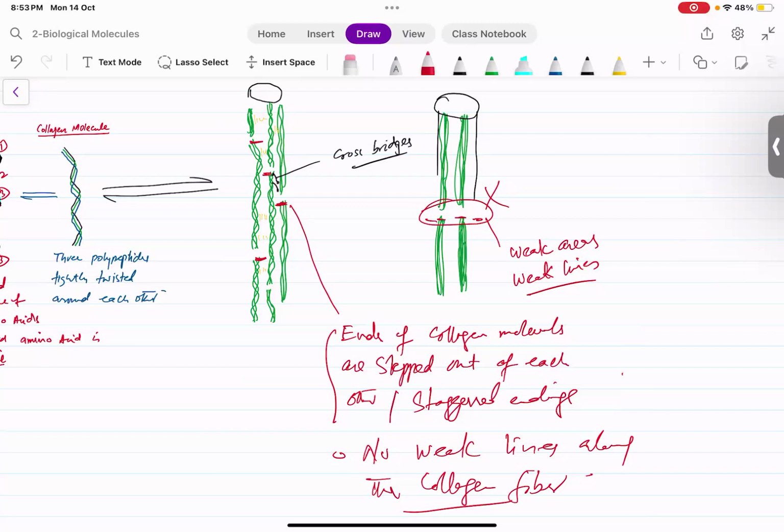Collagen is found in almost every part of our body. It is found in bones, skin, cartilage, nose bridge, ear, and almost everywhere in our body, and it provides high tensile strength to these tissues.